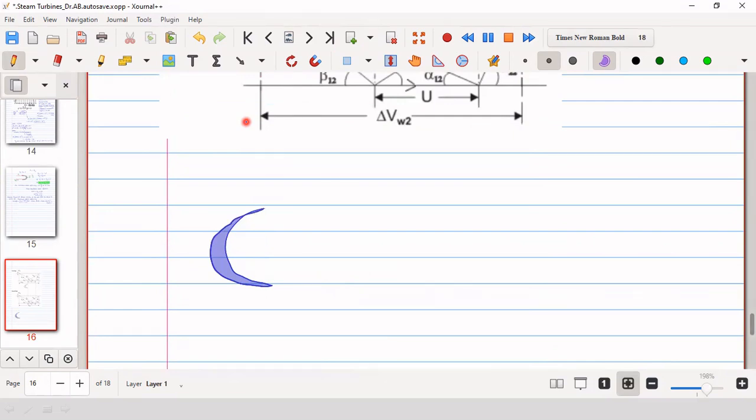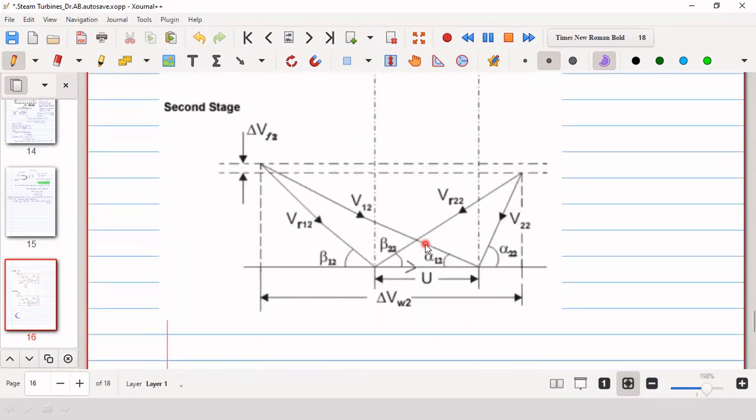So if this is the blade, if you rotate it, no problem. So here it is shown like this.